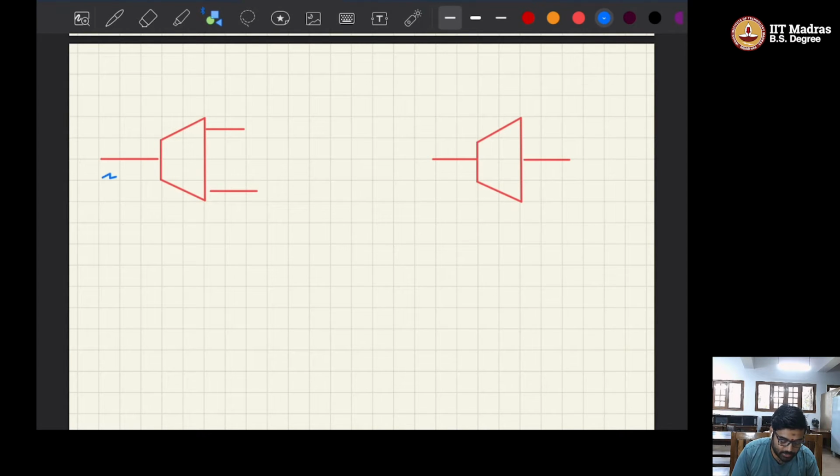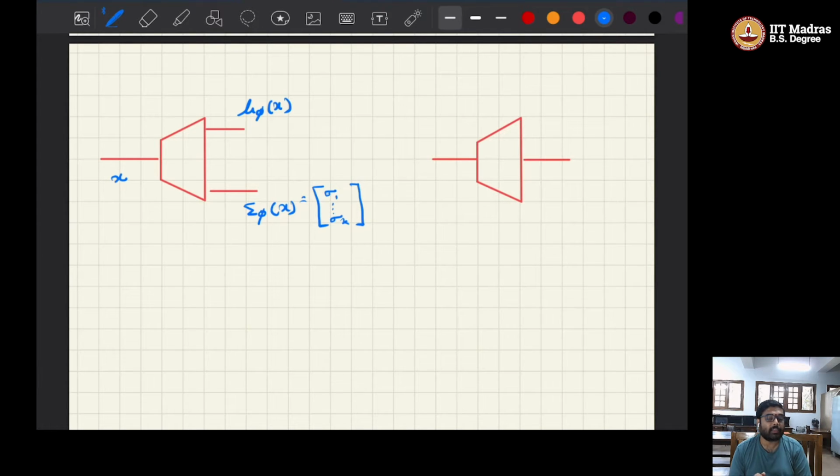So you take x here, and then you get the parameters of q, the mean, and then you get the variance. We are assuming a diagonal variance, so you get mu 1 to k, and since we are assuming the diagonal, we will only get the diagonal elements, not the whole matrix.